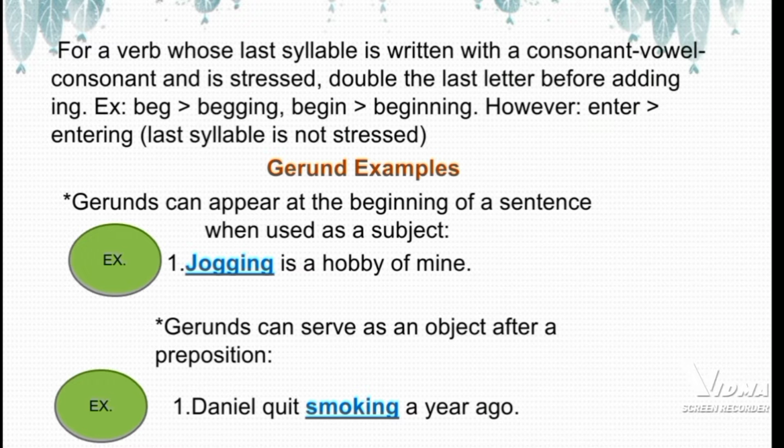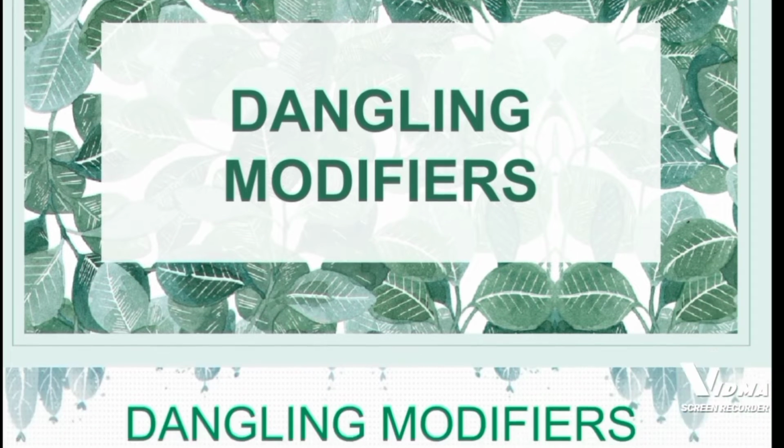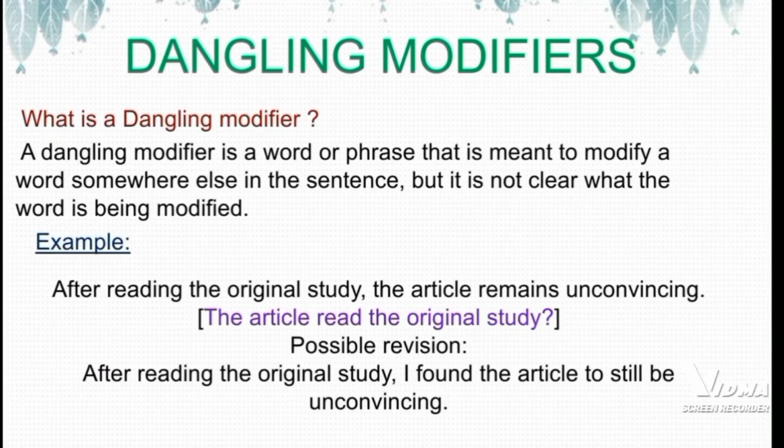Okay, we are done here with gerund and infinitive transformation, and let us move on to dangling modifiers. But first, let us define what dangling modifiers are. The word dangling refers to hanging or swinging loosely, and modifier stands for a person or thing that makes partial or minor changes to something.